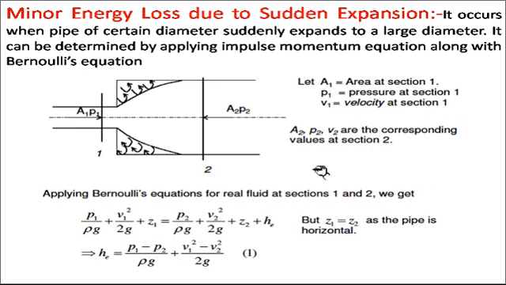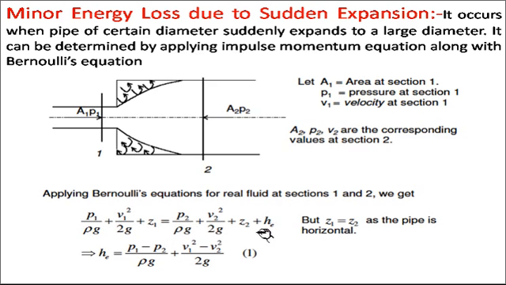Now we will apply Bernoulli's equation for the real fluid at sections 1 and 2. As the fluid is real, the head loss takes place on the section 2 side, or the downstream side. At section 1 we have Bernoulli's equation: P1 upon gamma plus V1 square upon 2g plus Z1 is equal to P2 upon gamma plus V2 square upon 2g plus Z2 plus He.